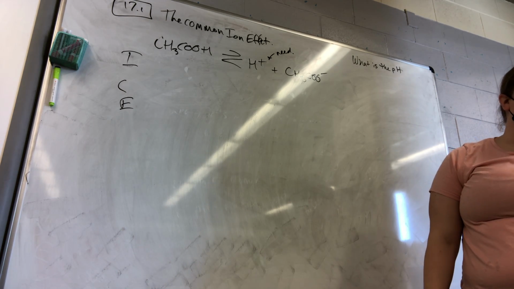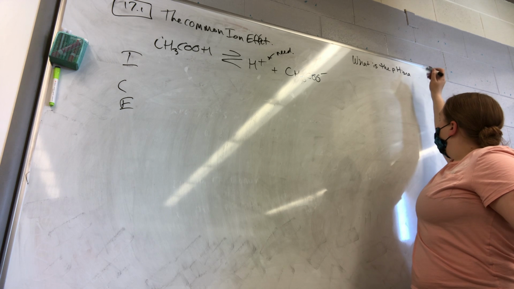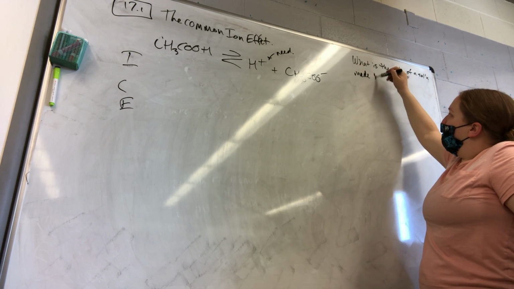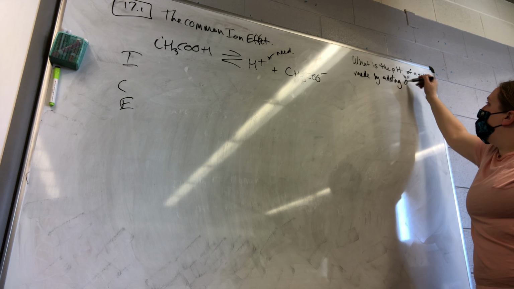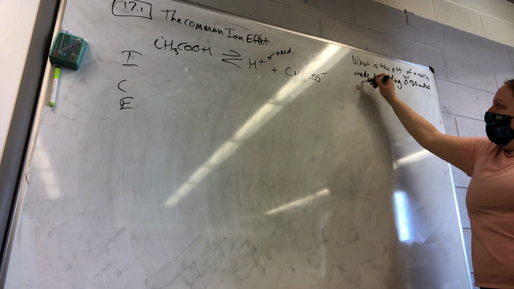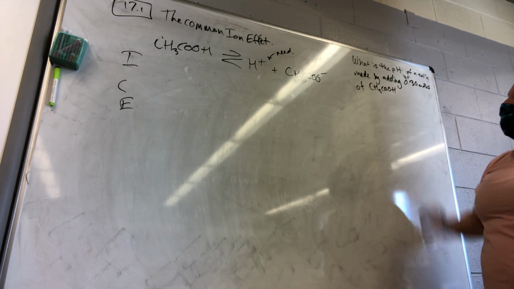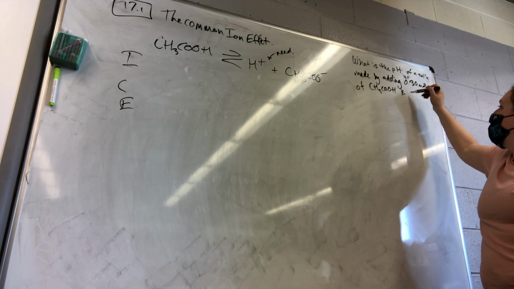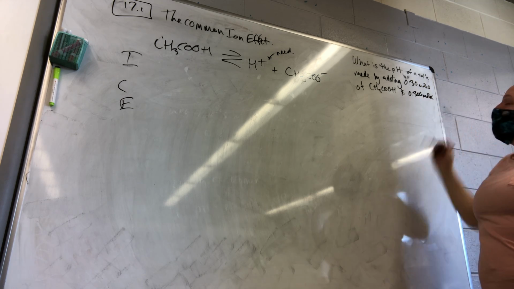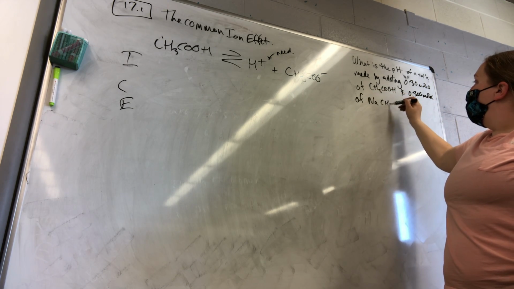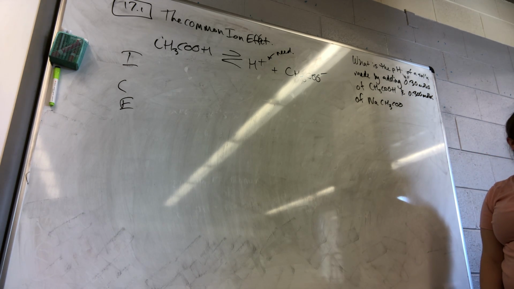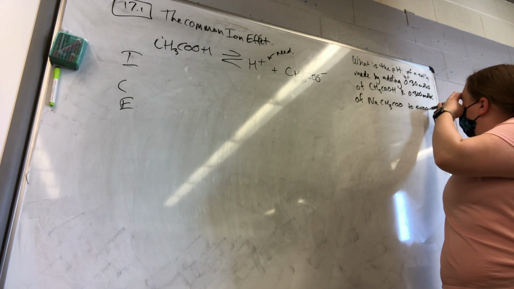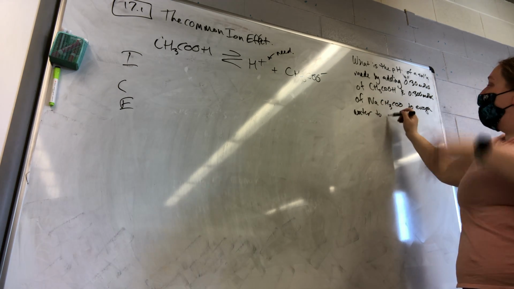What is the pH of a solution made by adding 0.30 moles of acetic acid to 0.3 moles of sodium acetate, with enough water to make 1 liter of solution?